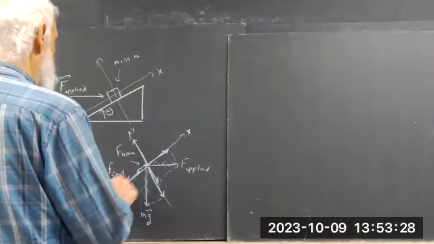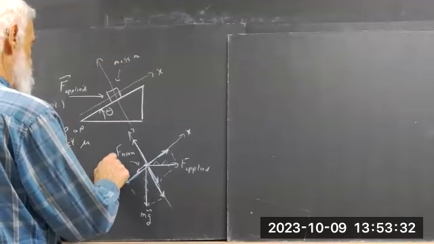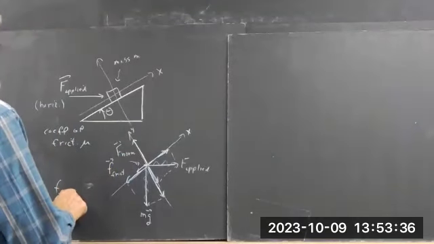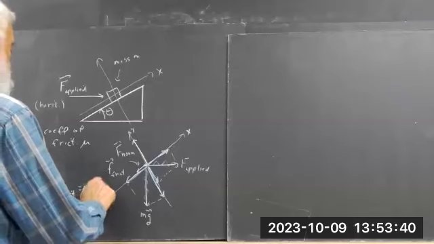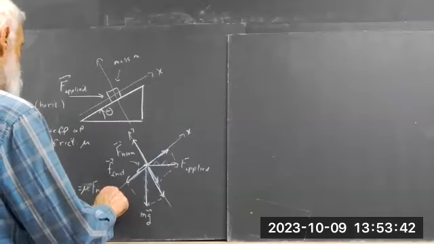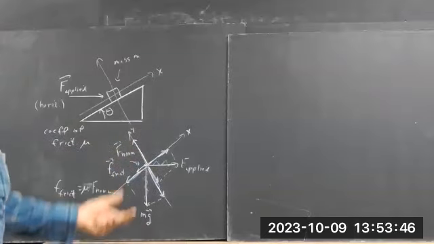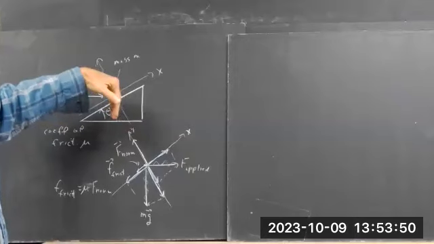Here's your frictional force. And it's equal in magnitude to mu times F norm. And now we can just write our equations for the x components and our y components, okay?